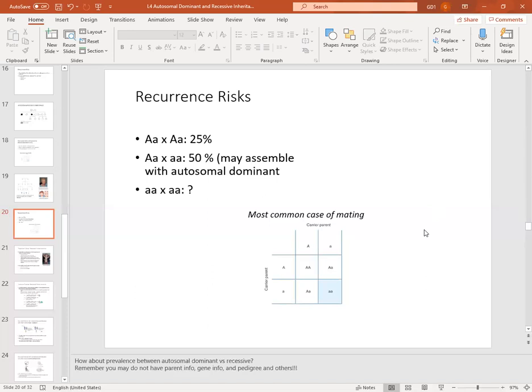If you have information, it's quite simple. But if you don't know the pattern of inheritance, it's more complex, and sometimes it's hard to identify. We will go deeper when you try to identify the pattern of inheritance.